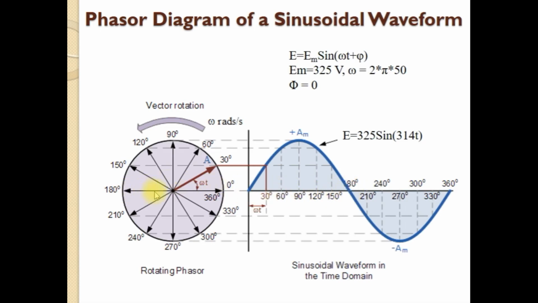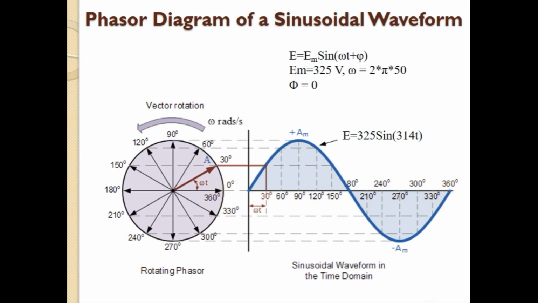And when omega t is equal to 270 degrees, this will be the position of the vector, and the projection on the vertical axis corresponds to the negative maximum value. And finally, when it has completed one complete revolution, or omega t is equal to 2 pi radians or 360 degrees, the vector will be at this position, and corresponding to this point, you get this.